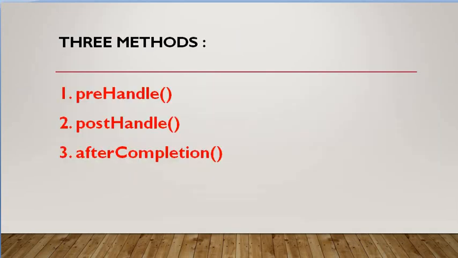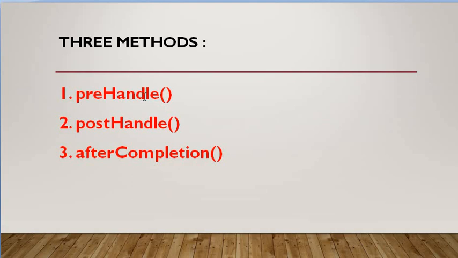To work with interceptors, you need to create a @Component class that implements the HandlerInterceptor interface. This interface mainly contains three methods: preHandle, postHandle and afterCompletion. The preHandle method is used to perform operations before sending the request to the controller, and it should return true or false.